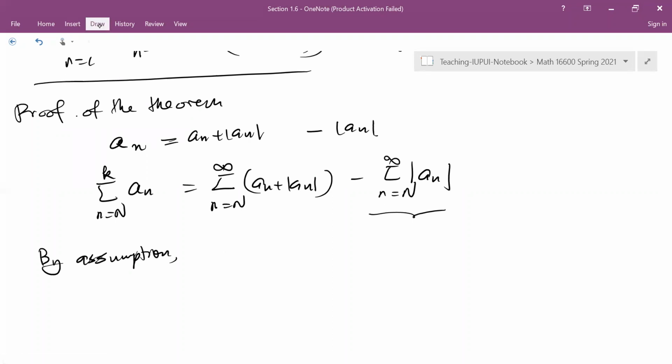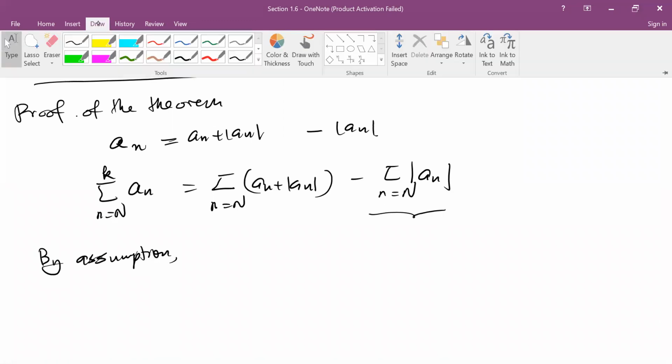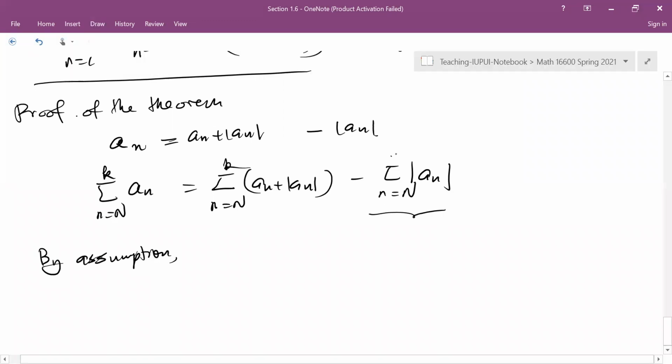Let me just put a k here instead of infinity. This is a partial sum, and by assumption, this is convergent.